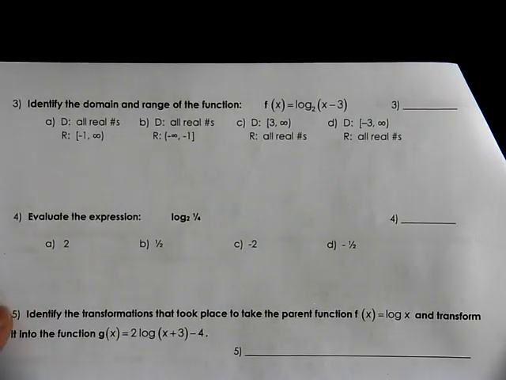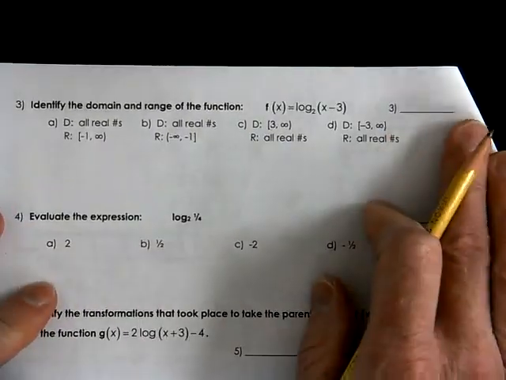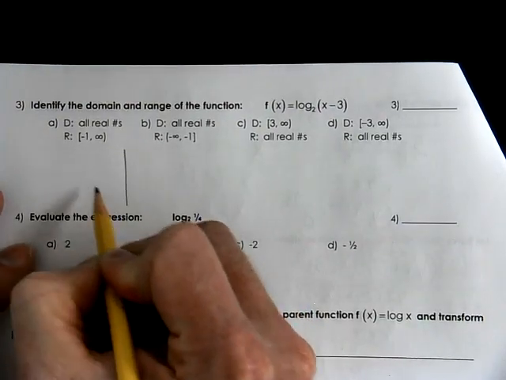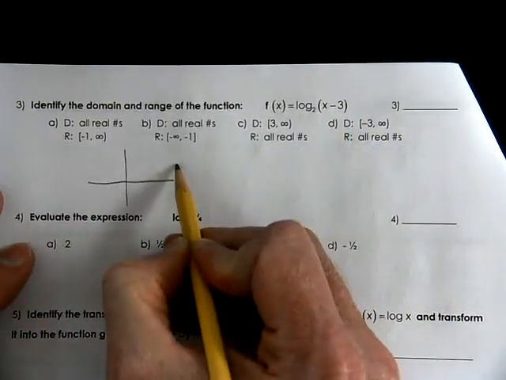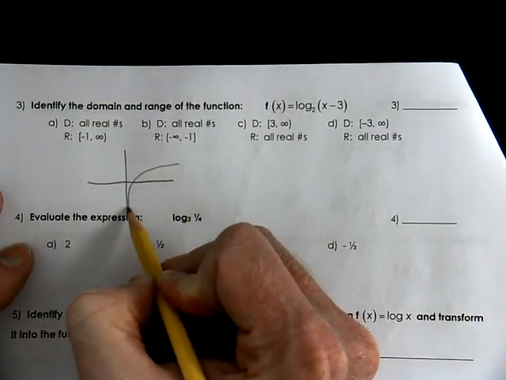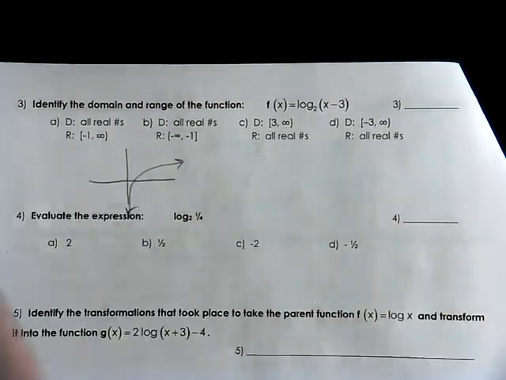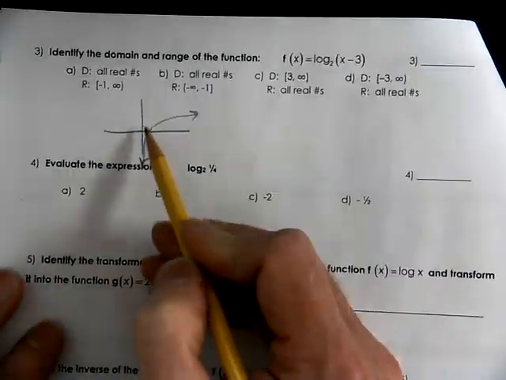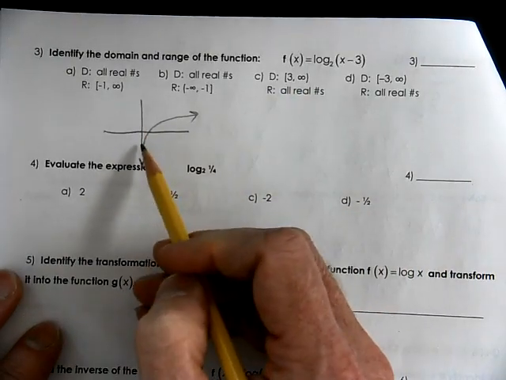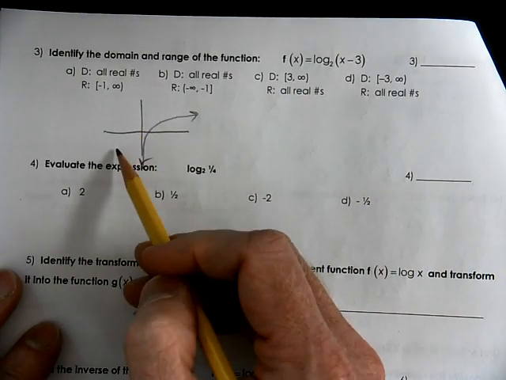Number 3, identify the domain and the range. Well, a logarithm. What we know about a logarithm is a logarithm basically looks like this, where you cannot take the log of 0. You cannot take a log of a negative number.